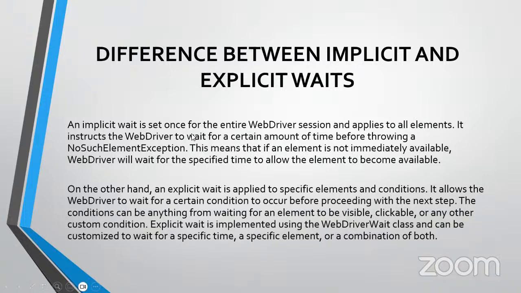It instructs the WebDriver to wait for a certain amount of time before throwing a NoSuchElementException. This means that if an element is not immediately available, WebDriver will wait for the specified time to allow the element to become available.